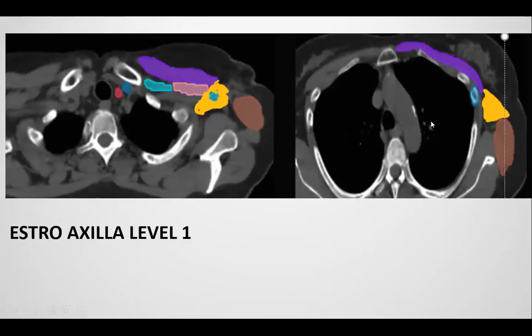Whereas in ESTRO, we will draw a margin from the latissimus dorsi to the intercostal muscle, and we end up here. So there is a difference in this area between the RTOG and ESTRO guidelines.